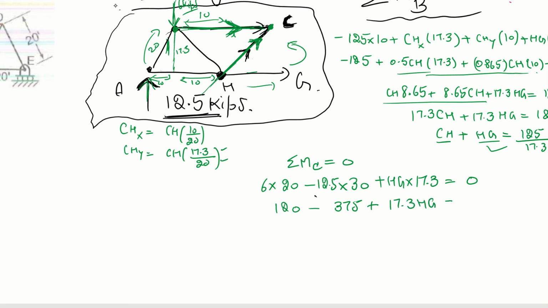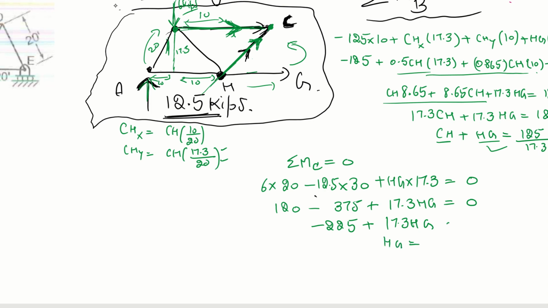17.3 HG equal to, 375 minus 120 will give me 255, not 225, 255. So I'm rushing and making mistakes. Negative 255 plus 17.3 HG, and this goes to the other side and becomes positive.